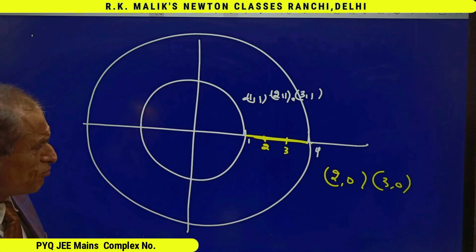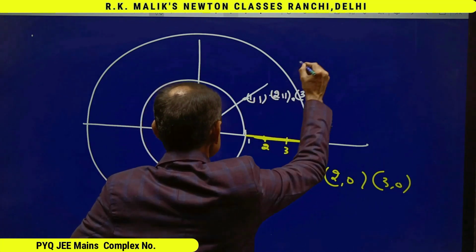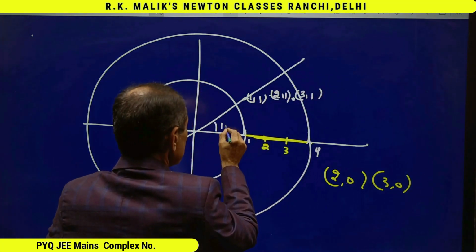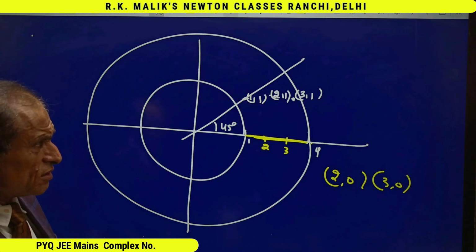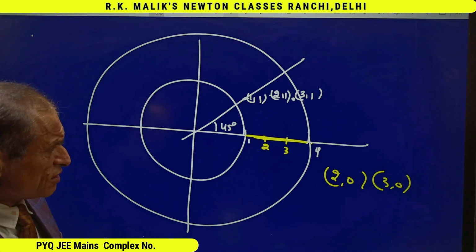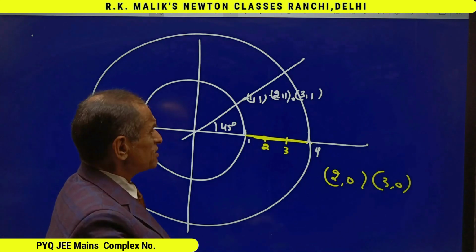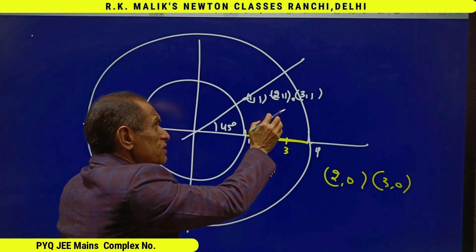4 is here. And one more thing you should take care of is, if I draw a line making an angle of 45 degrees with the x-axis, (1, 1) will lie on that line. I will just find the number of integral points in this portion.